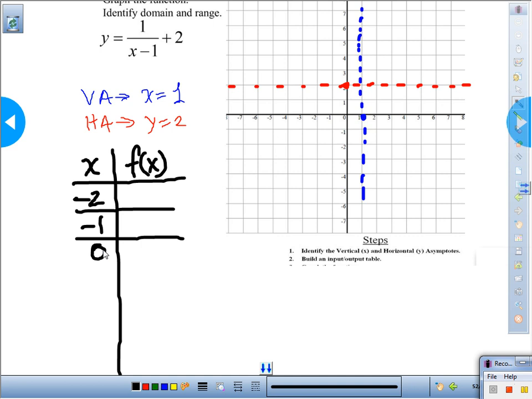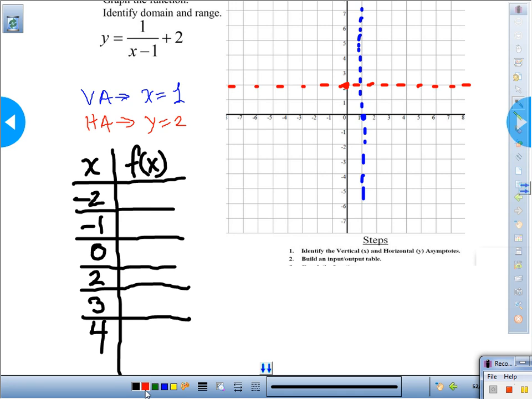Okay. Can I use 1? No. Tell your neighbor why not. It's the asymptote, or the excluded value. So if I go 3 to the right, what numbers am I going to use? 2, 3, and 4.